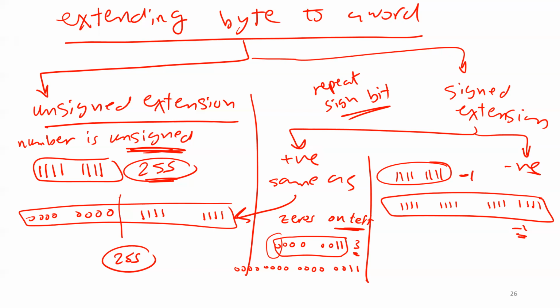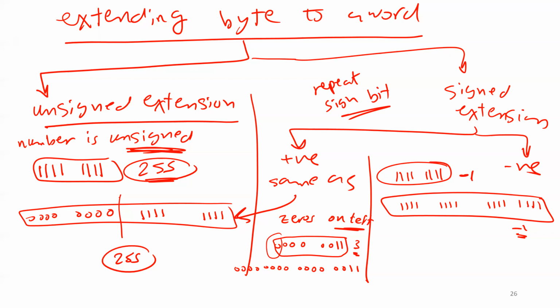Right, guys? So what I'm saying, you are the programmer, you know in your program what numbers are signed and what numbers are unsigned. If your numbers are unsigned and you want to extend them, you have to use transfer. If your numbers are signed and you want to extend them, you have to use exchange. You have to use the correct instruction.